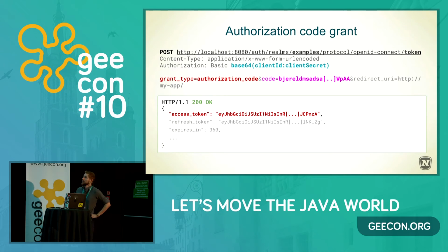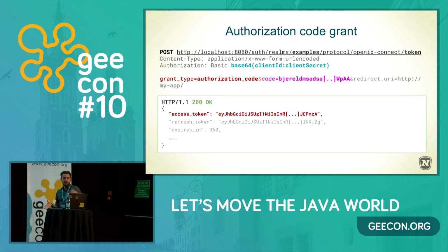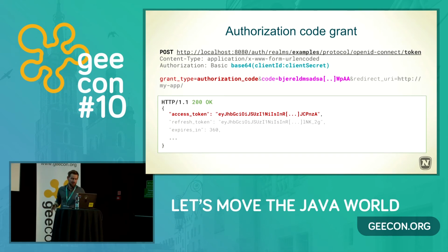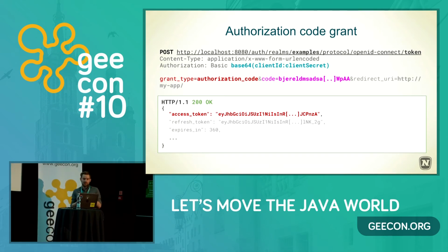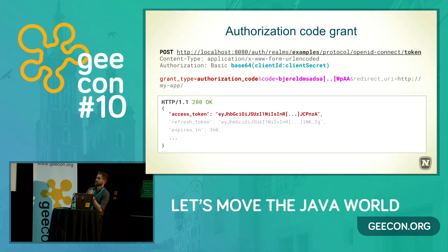And then we're using basic HTTP auth to identify the client, and we're using the token endpoint, sending the grant type called authorization code, passing the code and the redirect URI, and we're identifying the client using the authorization basic header.